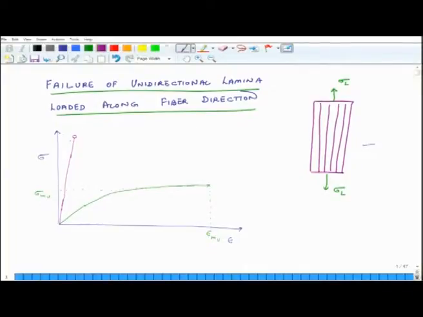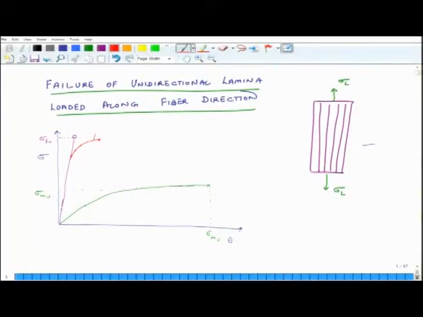So, this is the case of a brittle fiber, and this value would be sigma Fu, which is the ultimate fiber strength. Now, if the fiber is not brittle but ductile in nature, then at a certain point it starts behaving plastically, and at some point it again fails.